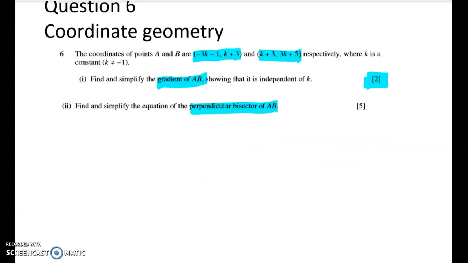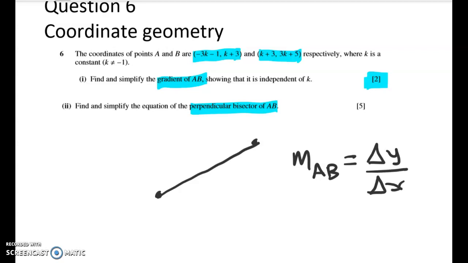So let's quickly go over how we're going to do it. Well, we're going to have point A, we're going to have point B. We find the gradient of those two by looking at the change in y over the change in x. Now the perpendicular bisector goes through the midpoint of that line segment, and its gradient is perpendicular, not surprisingly, to the gradient of AB.